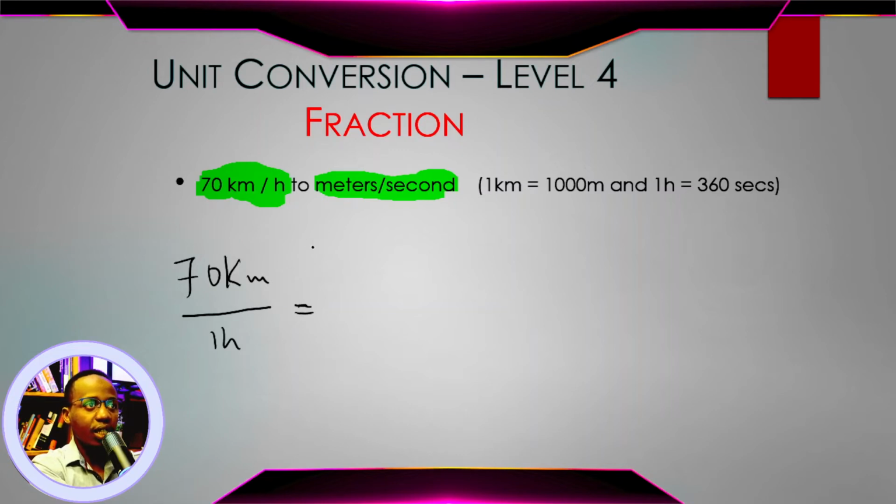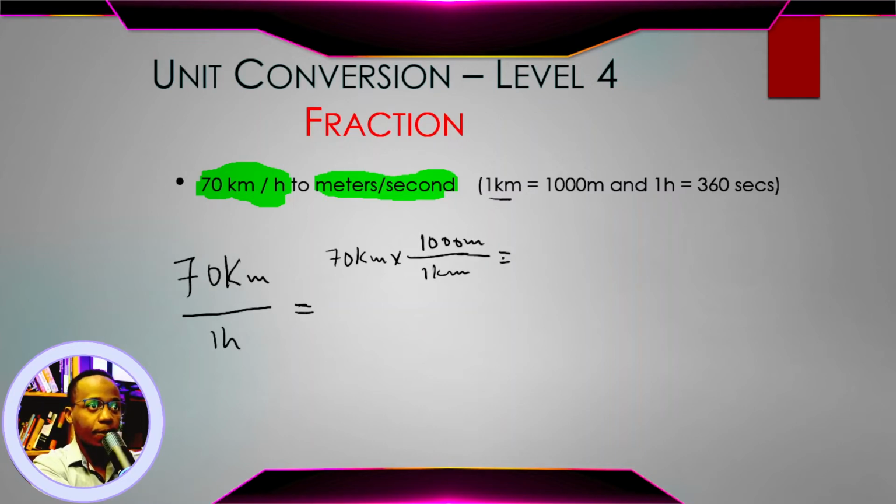So 70 kilometers, let's convert it into meters. We do it the same way. You start with what you've been given, 70 kilometers, and multiply by the fraction. The kilometer goes at the bottom, the 1,000 meters go at the top.